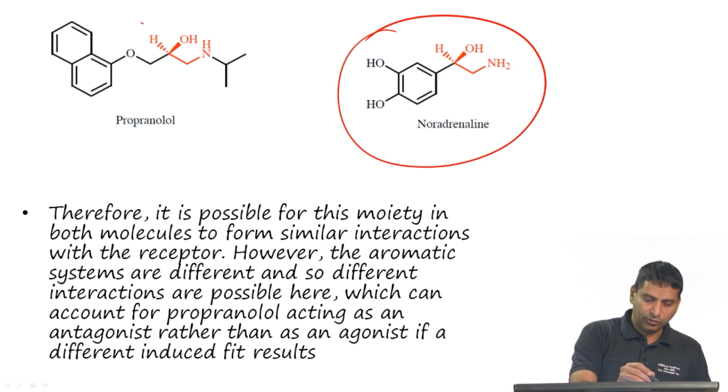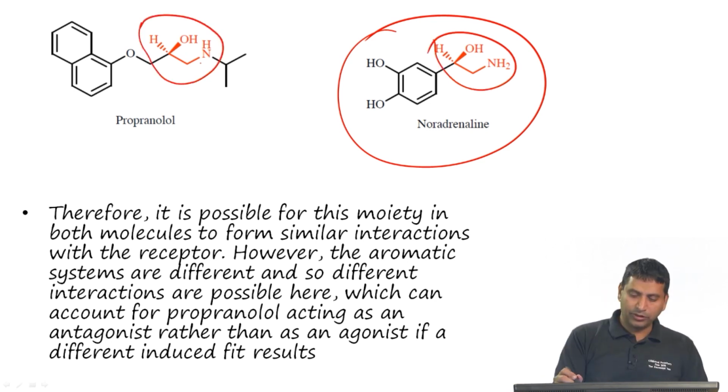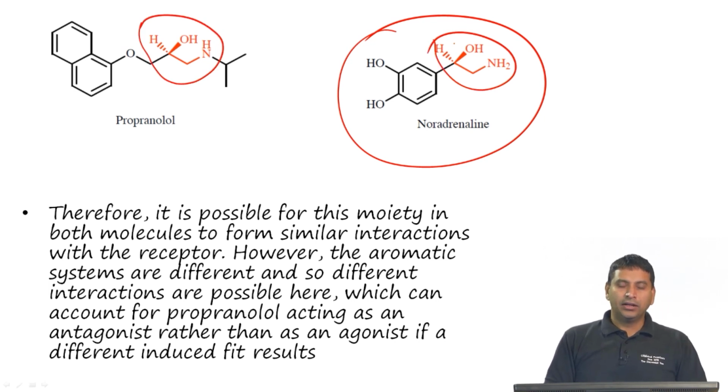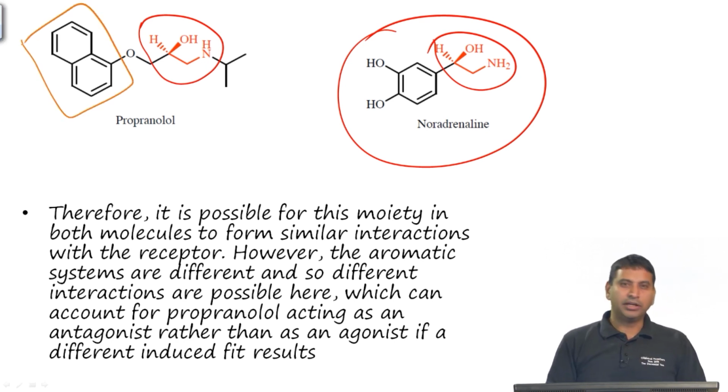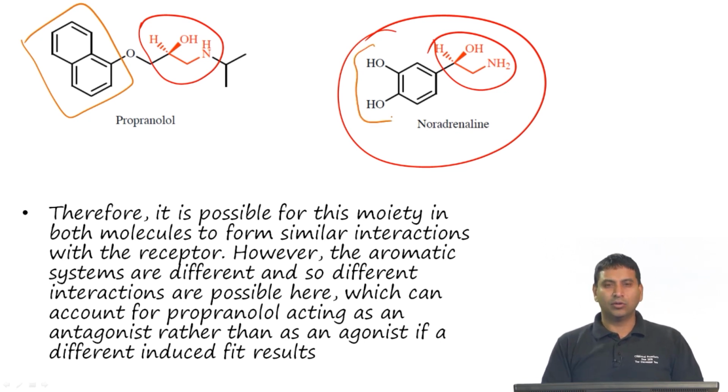So, as shown here in red, here is the active structure, and what we have in addition is this extremely bulky naphthyl group, which is going to be quite hydrophobic, and there you do not have that kind of a group, and you have these two hydroxyl groups which are going to have hydrogen bonding interaction perhaps. Okay. So, therefore, it is possible for this moiety in both molecules to form similar interactions with the receptor.